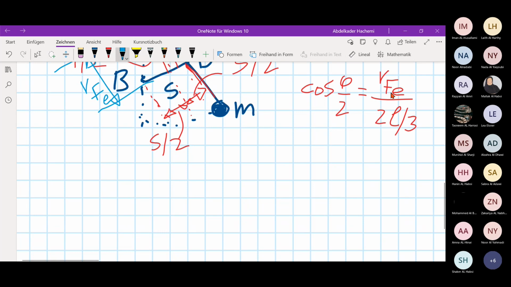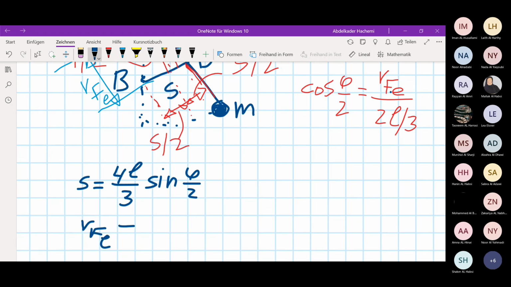That means we get now S will be equal to 4L divided by 3 sine phi divided by 2, and R_FA will be equal to 2L divided by 3 cosine phi.